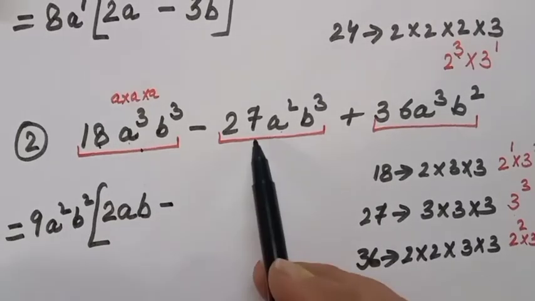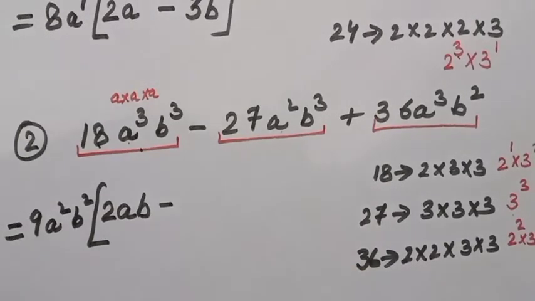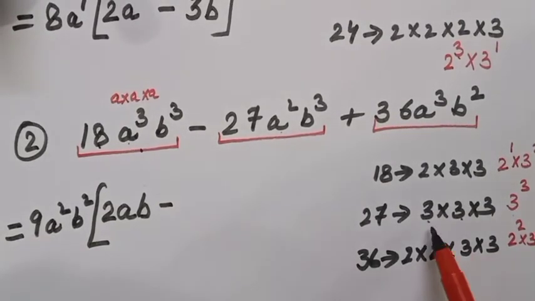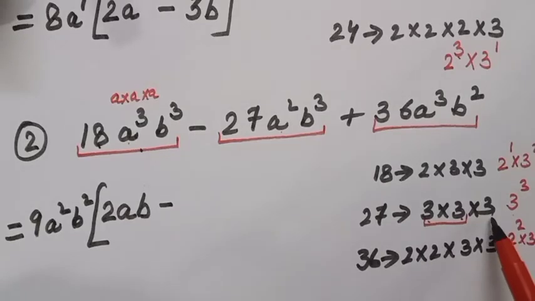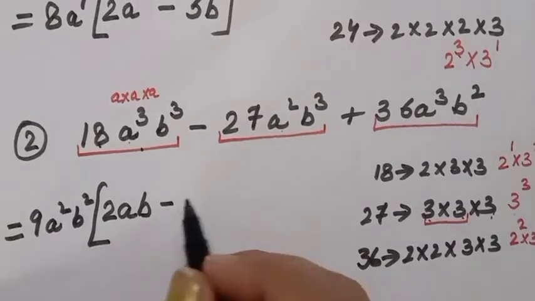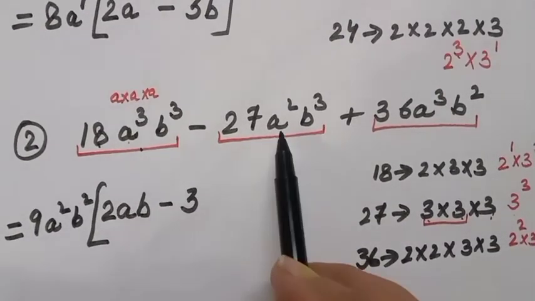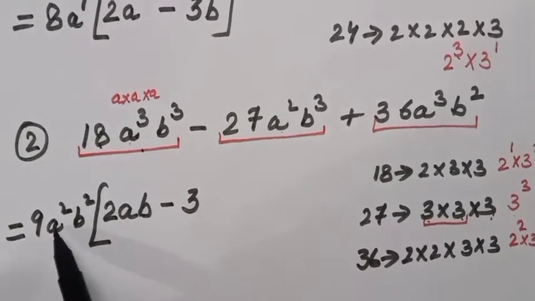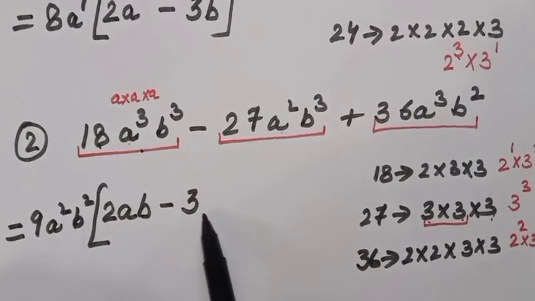Then minus, from the second term, it was 27. 27, you know, is 3 into 3 into 3. And from that 9 you have already used as a common factor. So what is left with you? Only 3. And there was a square, which means 2 times a. So a square you have already taken, so a will not come here.